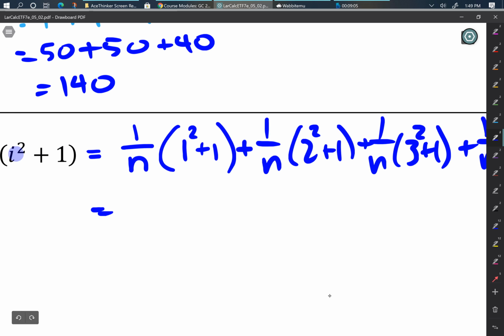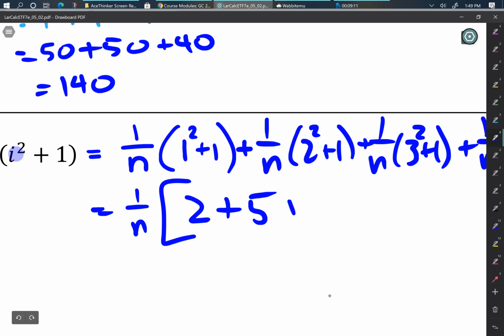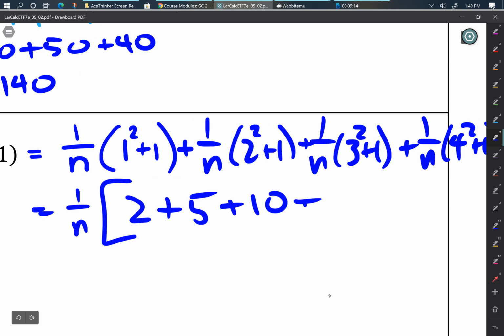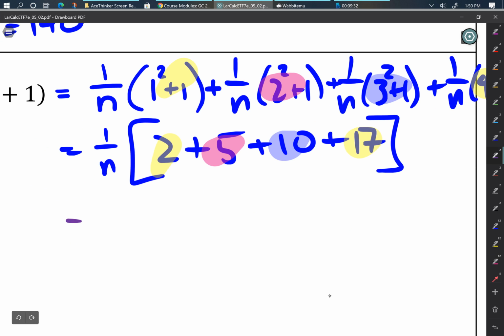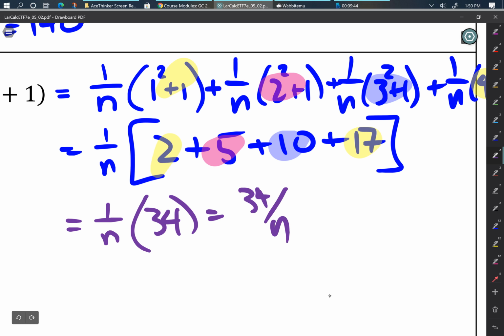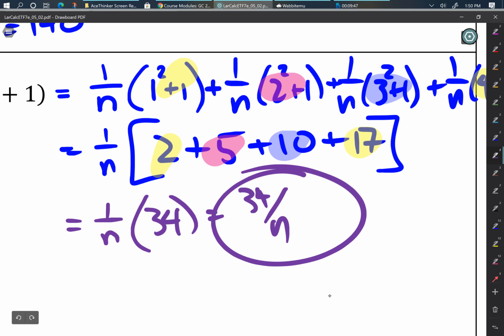And so I've got 1 over n times 2 plus 5 plus 10 plus 17, right? 2, 5, 10, 17, okay? 1 over n times whatever that adds up to. What is that going to add up to? 10, 20, 32, 34? I get 34 divided by n. Okay, we good?